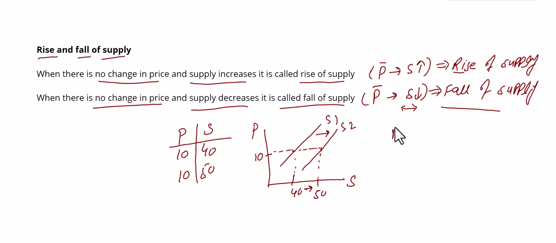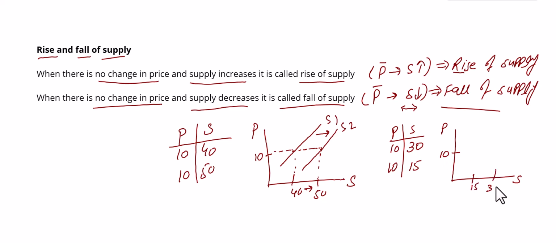Similarly, when there is no change in price level, price is 10, and at price 10 the quantity supplied is 30. Now the quantity supplied is, let's say, 15. When we draw this graph of price and supply, price is constant at 10. The first supply is 30 and the second supply is 15.